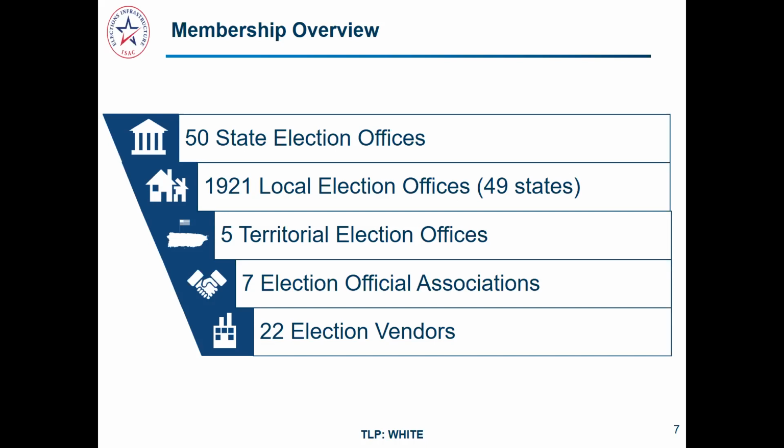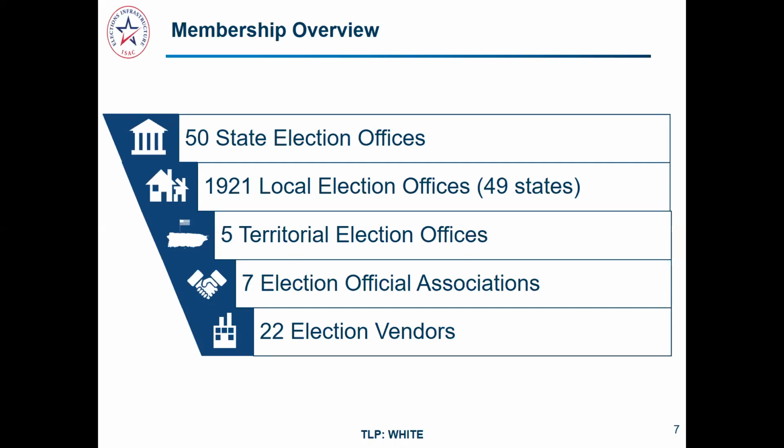All of the major election official associations, such as NASS, NASED, IGO, Election Center, as well, we have what we call supporting members. We allow the election vendor community to participate to receive our cybersecurity information so that they're getting the same threat information that you are and are able to respond to the threats that affect the community as a whole.